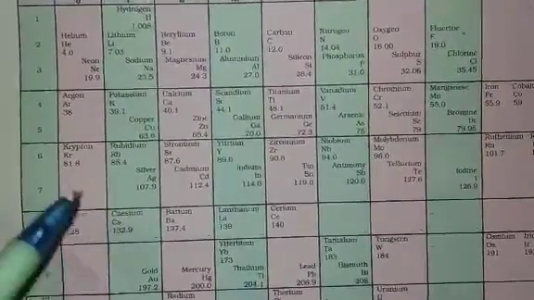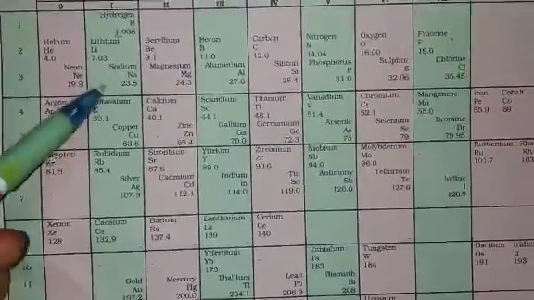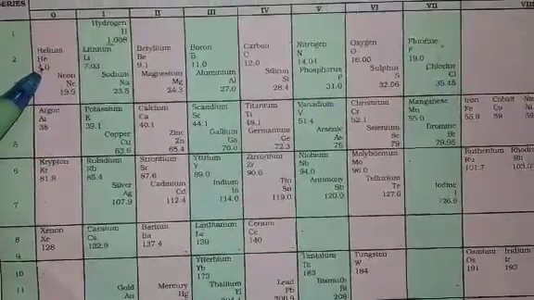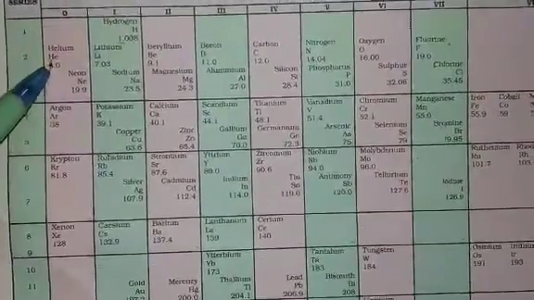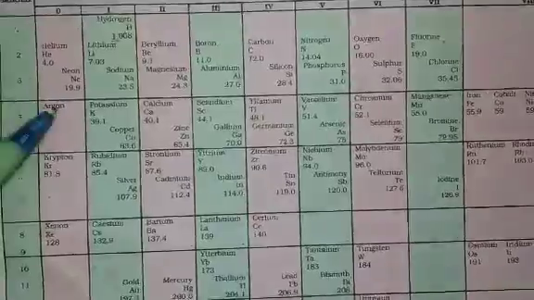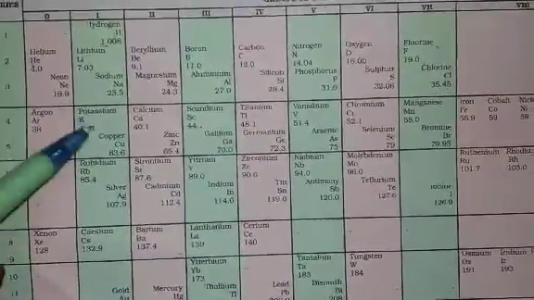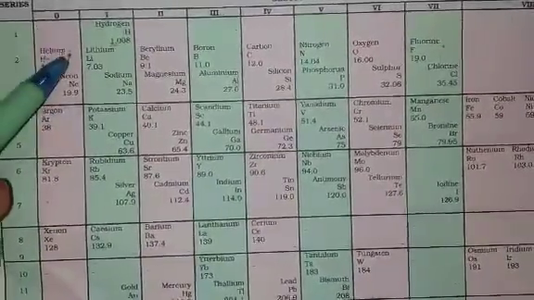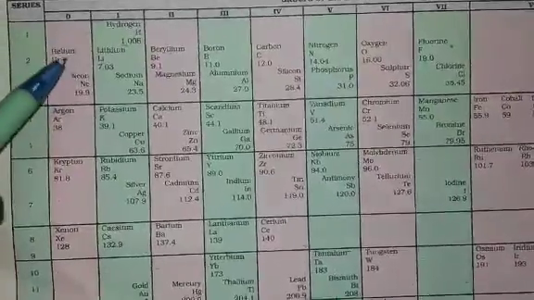But while arranging these elements according to their increasing atomic masses, he kept in mind to keep similar elements together in a group with similar properties.